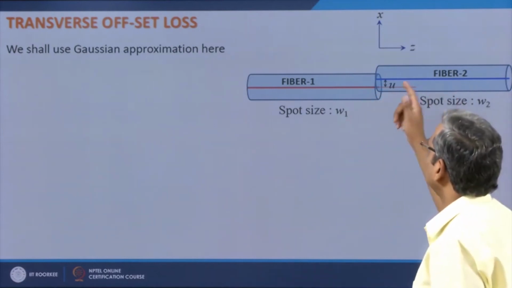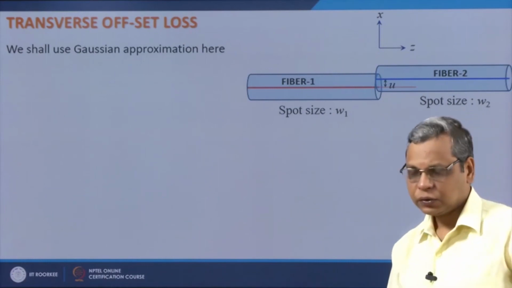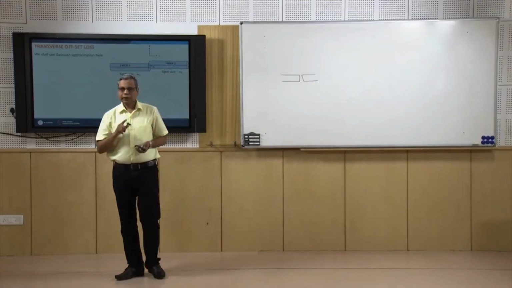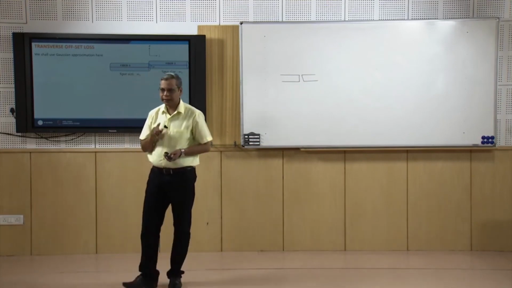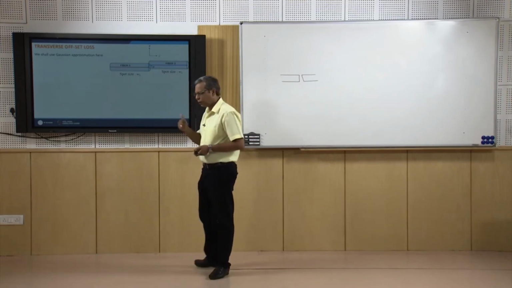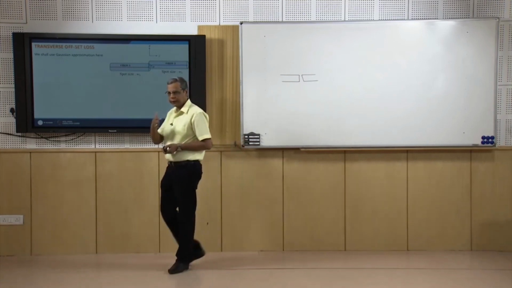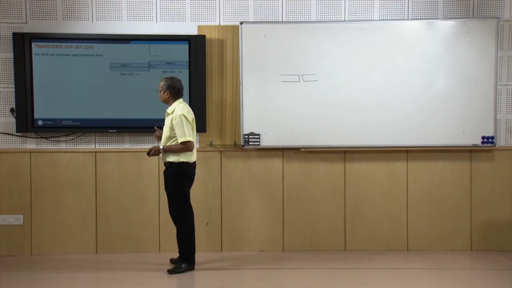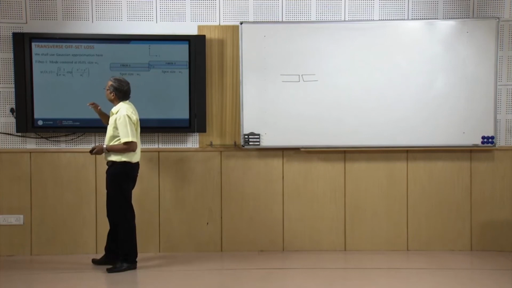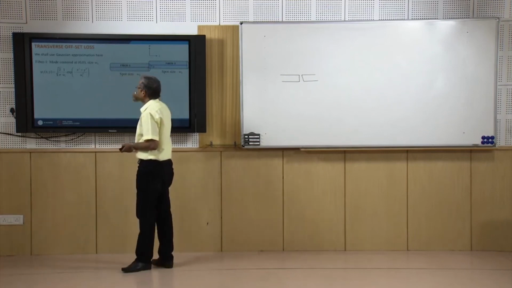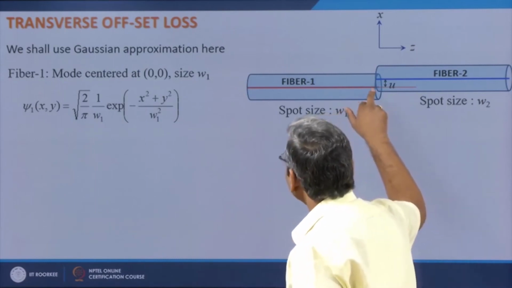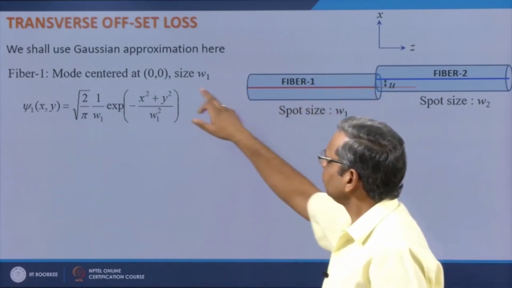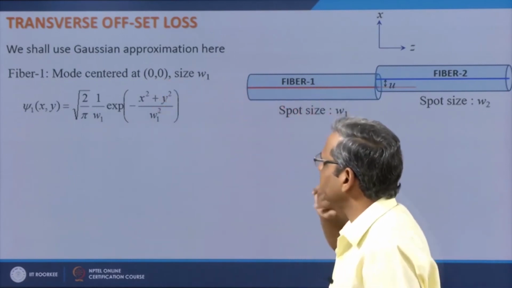This direction is Z and this is X. In whatever direction there is transverse offset, I can choose my X axis along that, and accordingly I will choose my Y axis perpendicular to X and Z. Now, I can write the Gaussian mode of this fiber, and let us say the mode of this fiber is centered at 0, 0 and has size W1.